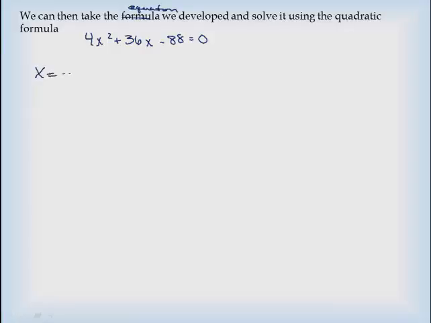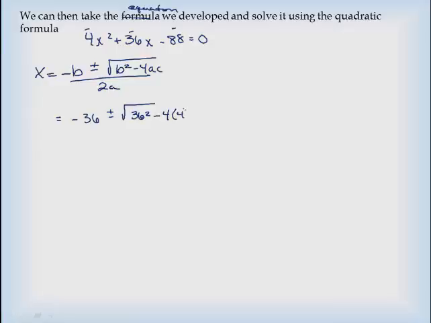Remember our quadratic formula, x equals negative b plus or minus the square root of b squared minus 4ac, over 2a. This is a, this is b, this is c. So I have negative 36 plus or minus the square root of 36 squared minus 4 times 4 times negative 88, all over 2 times 4.